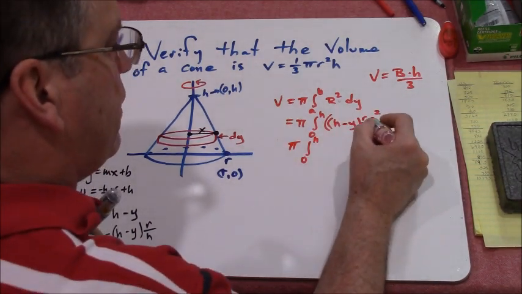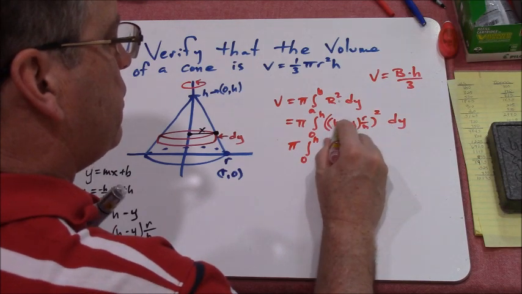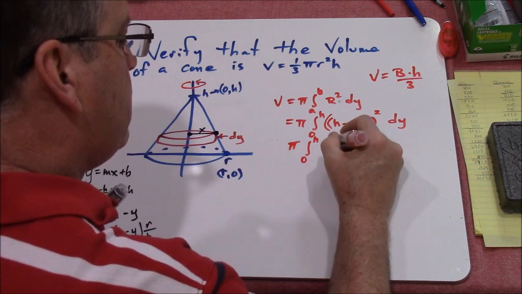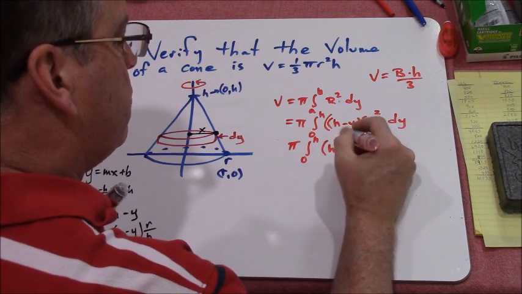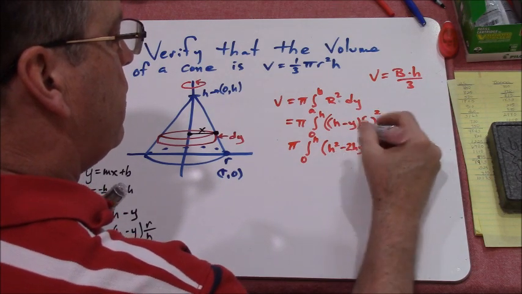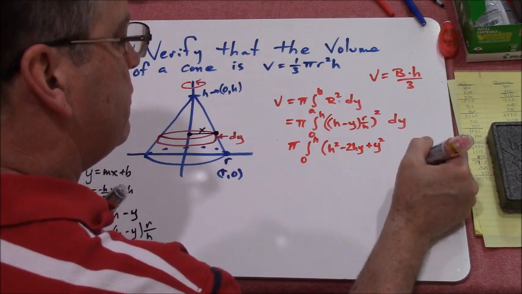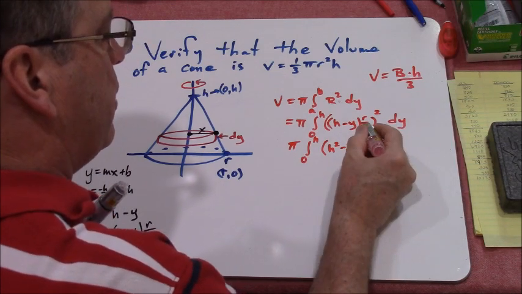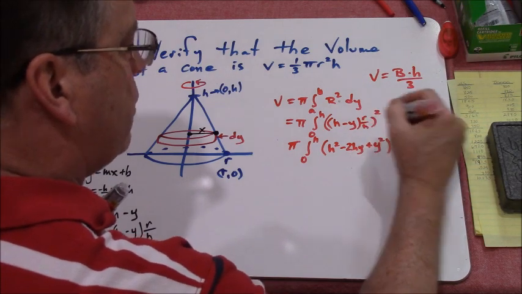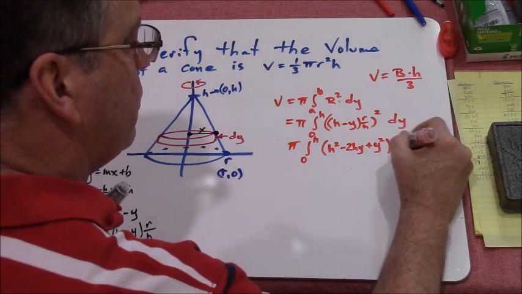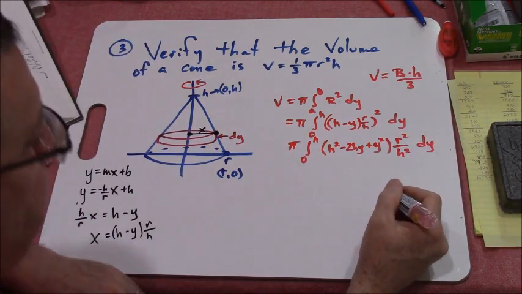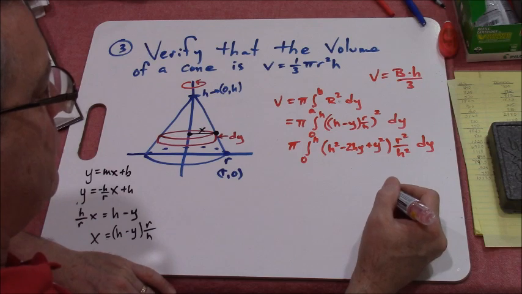I have to square everything inside of here, so I'm going to square this first. So what I'm going to get is h squared, multiply the 2 and double it, you get minus 2hy, and then you square the last term, plus y squared. And then I also need to square this. r over h times r over h is going to be r squared over h squared, dy.